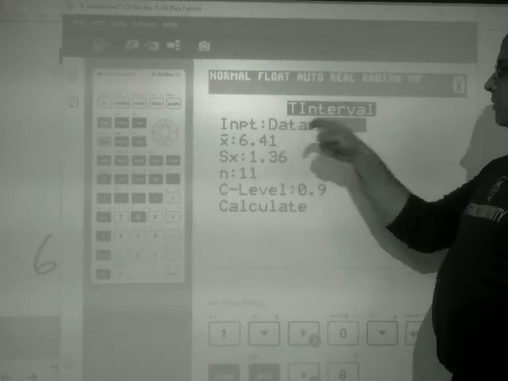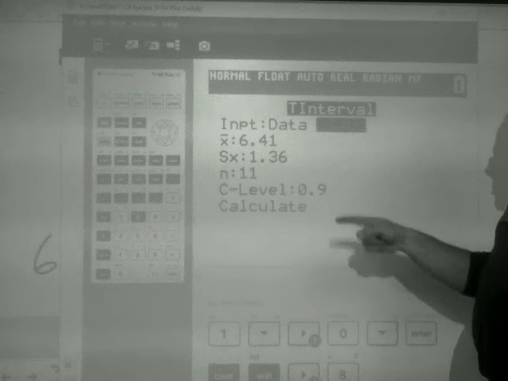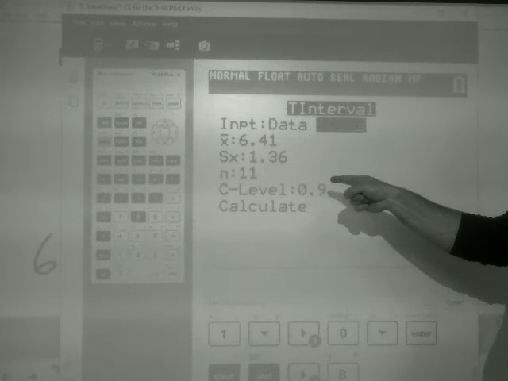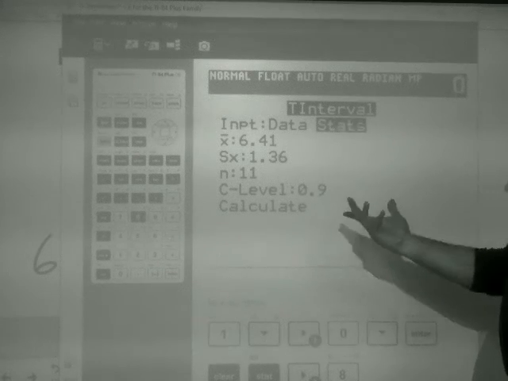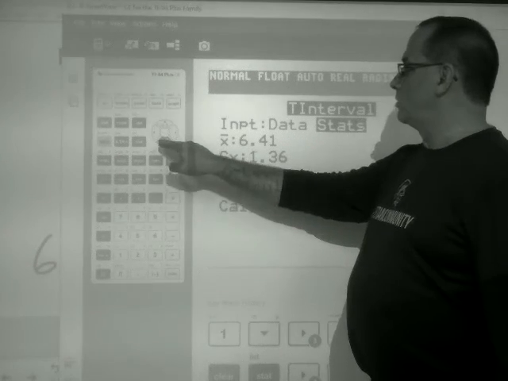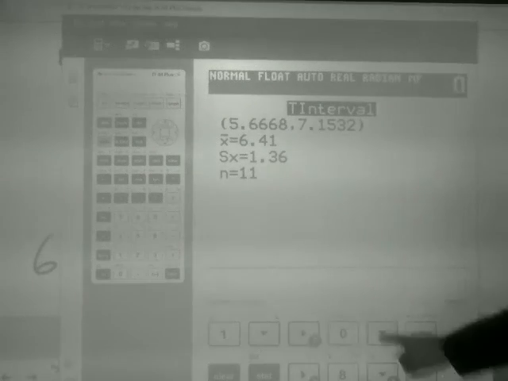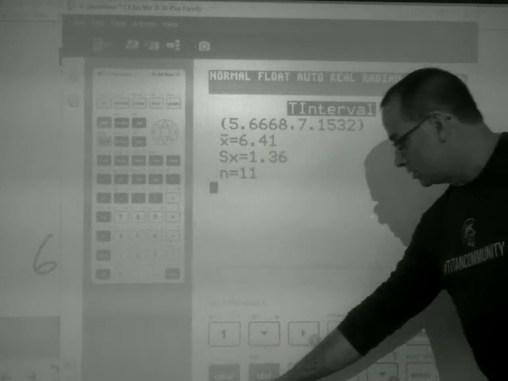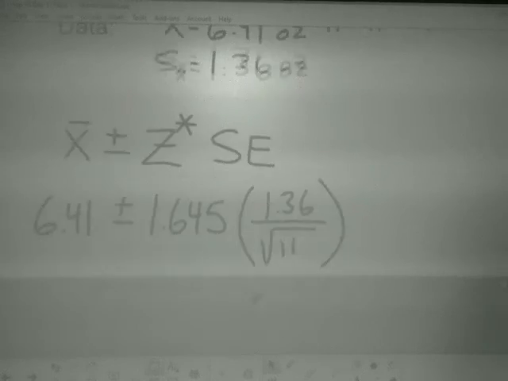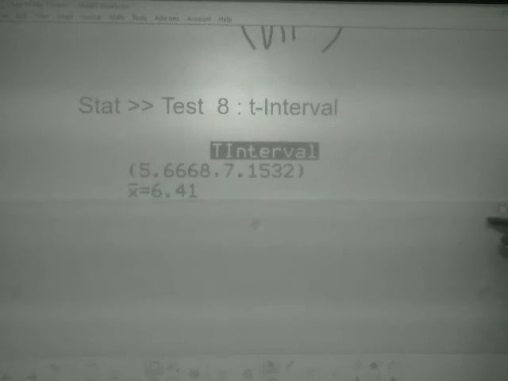I typed in the mean, the standard deviation, and my sample size, and the confidence level is written as a decimal, so 0.90 is 0.9. I go all the way down to Calculate, and the calculator tells me my interval.